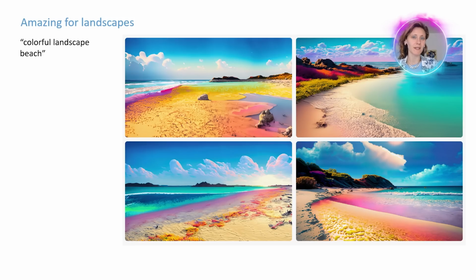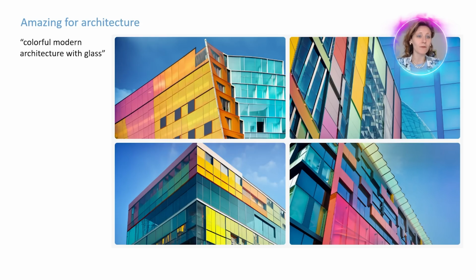So this is something that works depending on the application you want to use. For example, if you want to use it for a cover on a YouTube channel, for a video, or something else. Same applies for architecture. It works very well. So even here I added colorful there, and it generated some images of buildings.